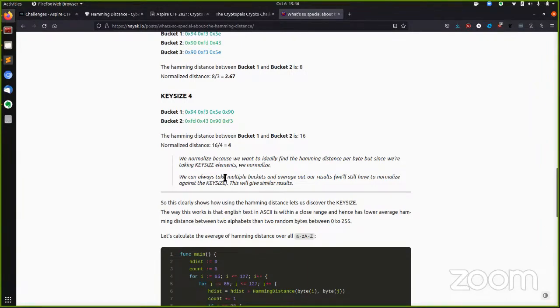But if I was to XOR ABC with bytes that aren't within the ASCII range, then I would expect the Hamming distance to be much higher. In short, the differences between the two would be much higher. So that's how the Hamming distance helps us determine the key. If we choose the correct key length, the Hamming distance would give us our possible key length.